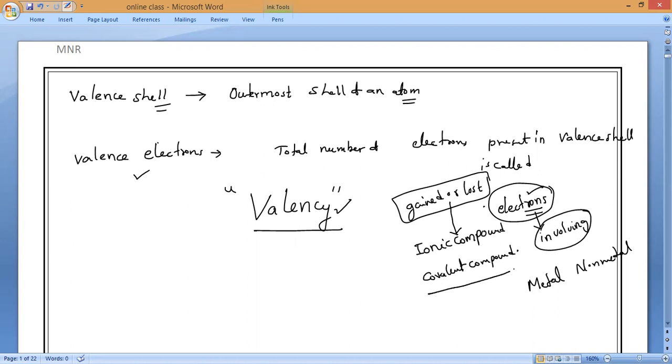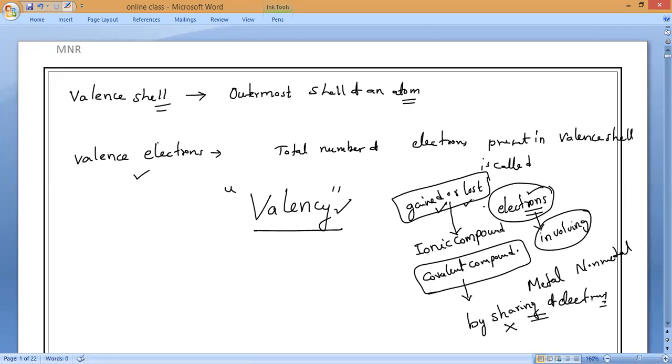And in covalent compounds, it happens only by sharing of electrons. So that is what you have to remember. Here, no donation and no receiving, only sharing.